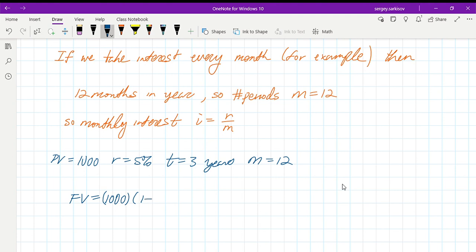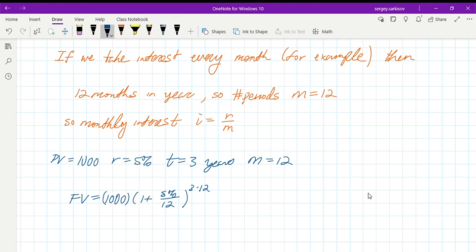It's 1 plus I. 5%, it's not the rate. It's actually 5% over the 12, because you're doing 12 times a year, so you divide by 12. But you do it 12 times each year for 3 years. So that's 3 times 12, that's 36 times you're doing that. And you'll see it's going to be even bigger than what you're expecting above.